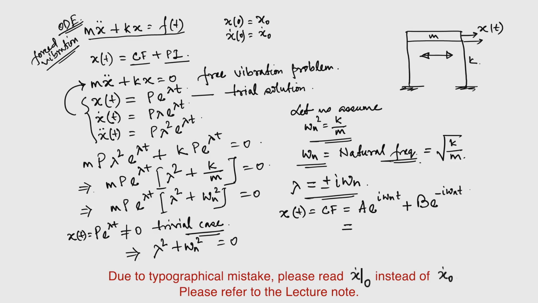If we further simplify this expression, recall e to the power i theta is equal to cos theta plus i sin theta. So, this will be c, a constant, times cos omega n t plus d sin omega n t.